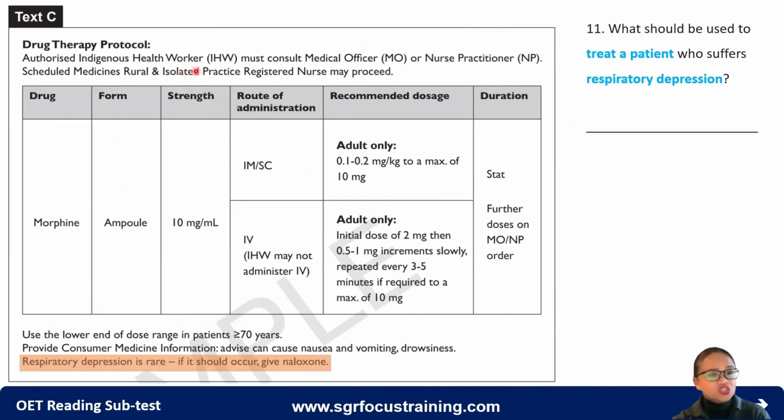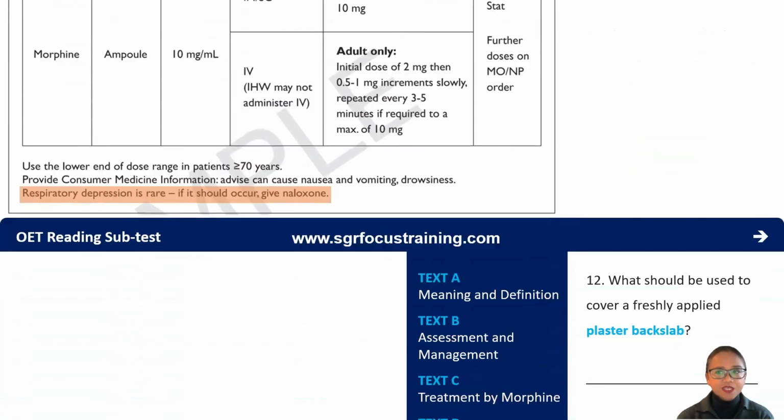Remember, this is just to inform us who's administering the morphine. This is all about morphine. Nothing there was mentioned about morphine. So I know because this is an instruction, it will be any of these three. So then I look in here and I find respiratory depression, and it says give naloxone. So naloxone is the answer.